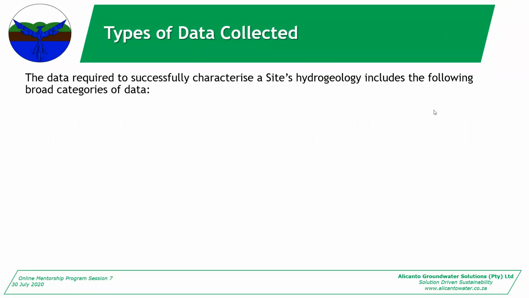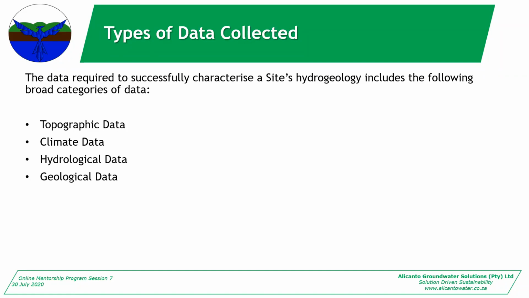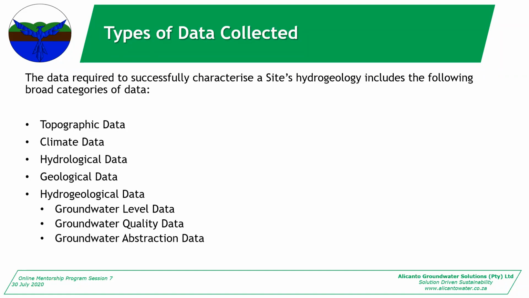So the types of data that we collect for site hydrogeological characterization include the following broad categories of data. We've got topographic data, climate data, hydrological data or surface water data, geological data, and hydrogeological data, of course, which includes your groundwater levels, groundwater quality, and then groundwater abstraction data, if there is any.